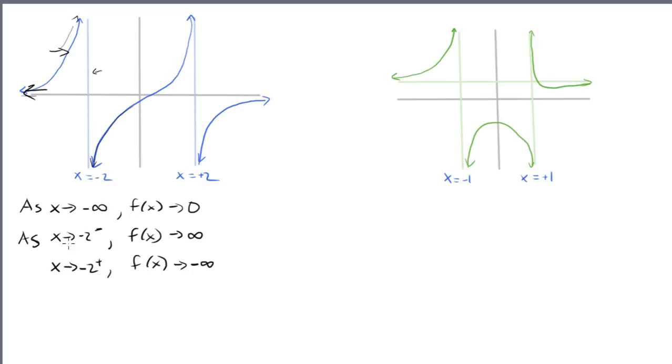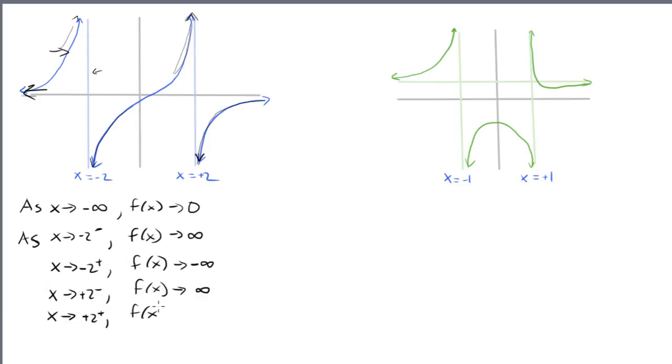Now, as we go to positive 2, as x goes to positive 2 and it approaches it from the left, it's following along this line, approaching from the left. F of x goes to positive infinity. And the opposite happens as x goes to positive 2 from the right. It's following this curve down.